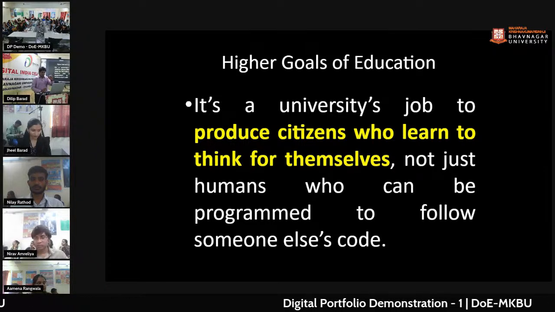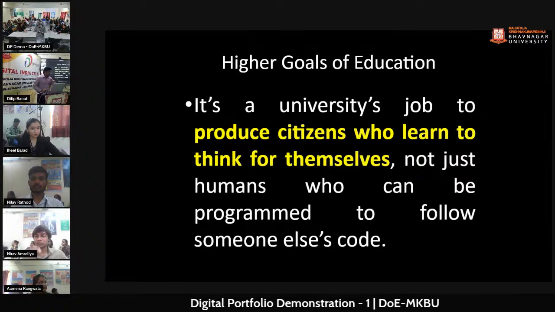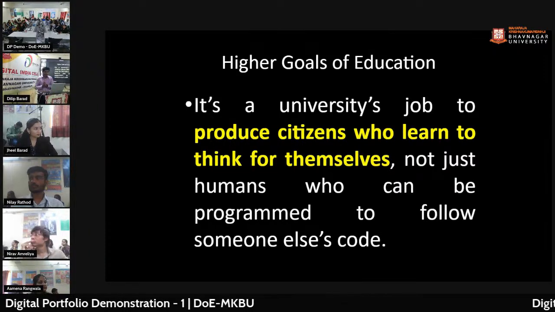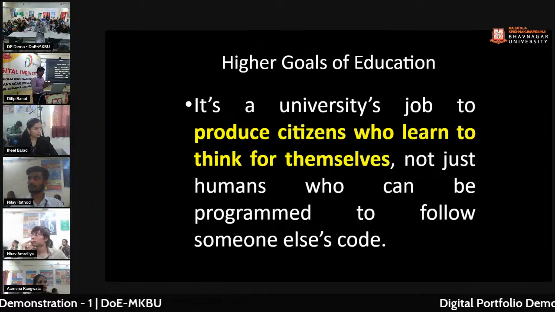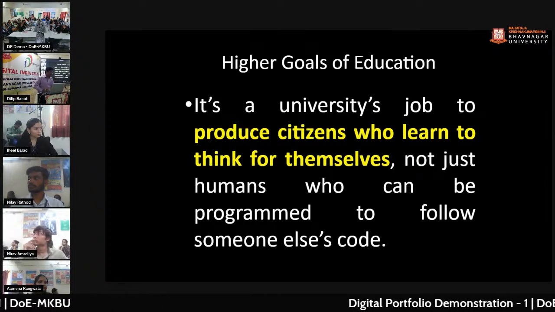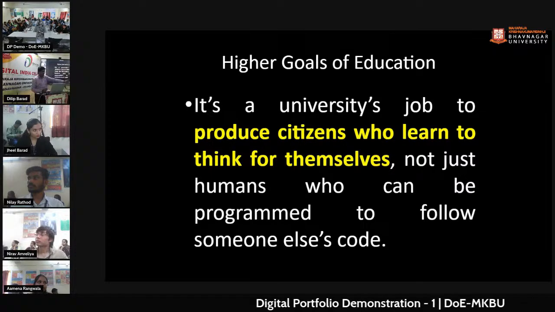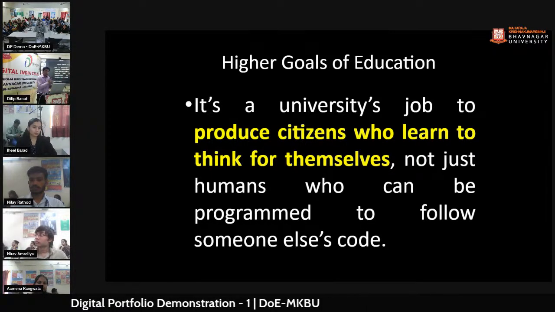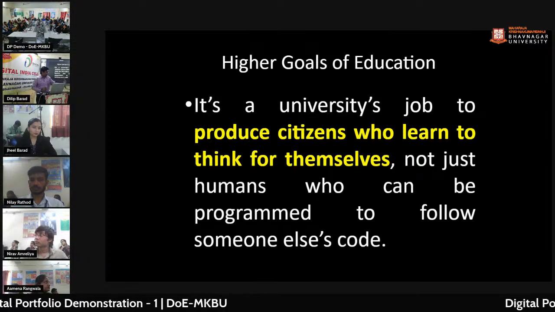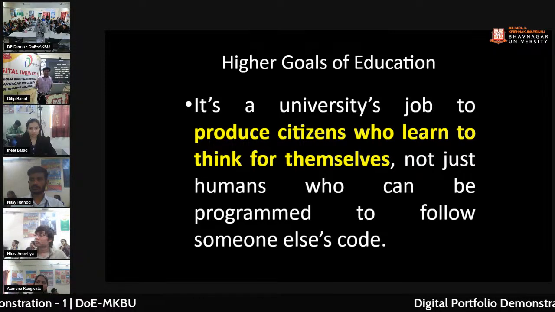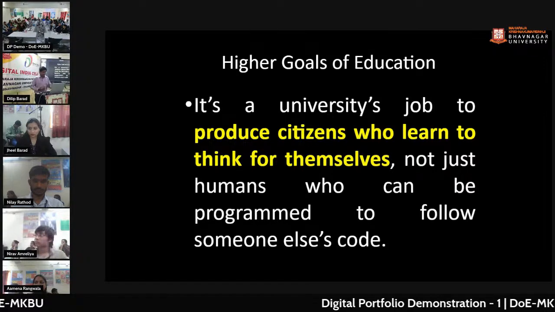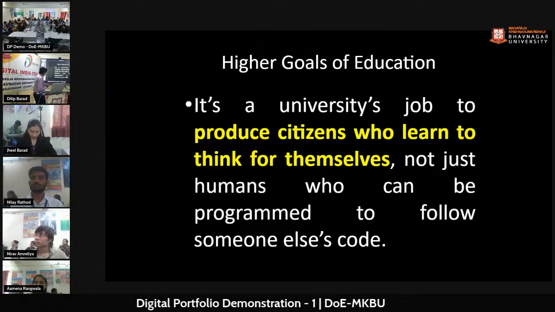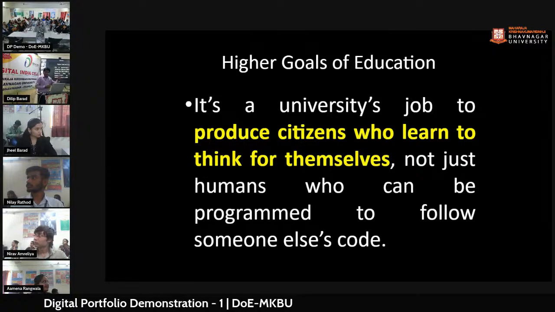So if you have before you the last 5 years of literature that you have studied, BA 3 years and 2 years of masters, can you think about all those things in your own way now? The way you were taught in UG and now after PG, do you have that sense of looking in your own way? So thinking about content and then about life and its affairs, that you can have your own way, not just humans who can be programmed to follow someone else's code.